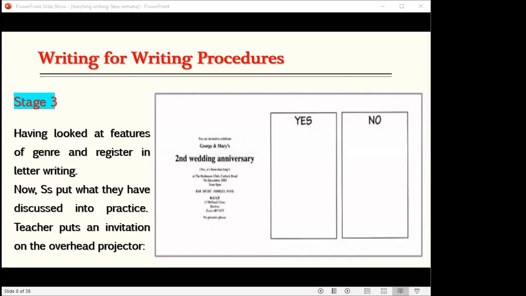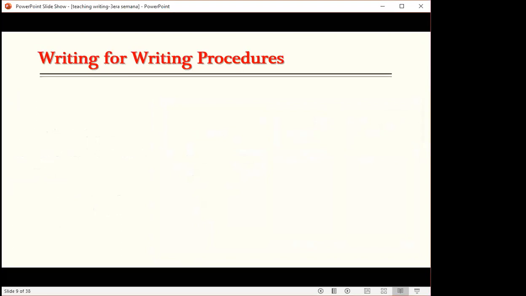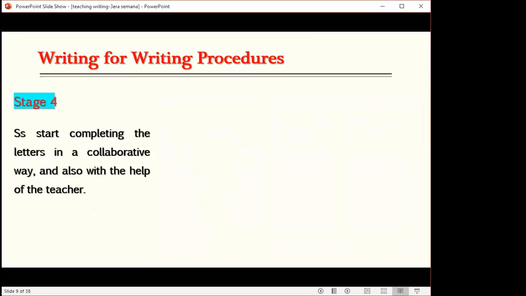Notice here. So that's why the teacher writes on the board or maybe on a wall chart, cardboards, I don't know. You could use any other tools. And they are going to write these letters. But notice here something interesting. Students start completing the letters in a collaborative way.